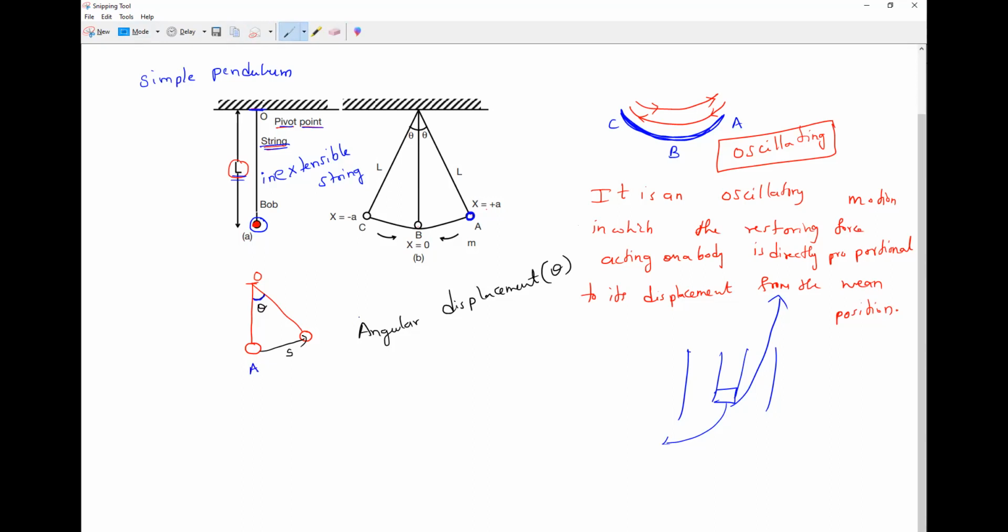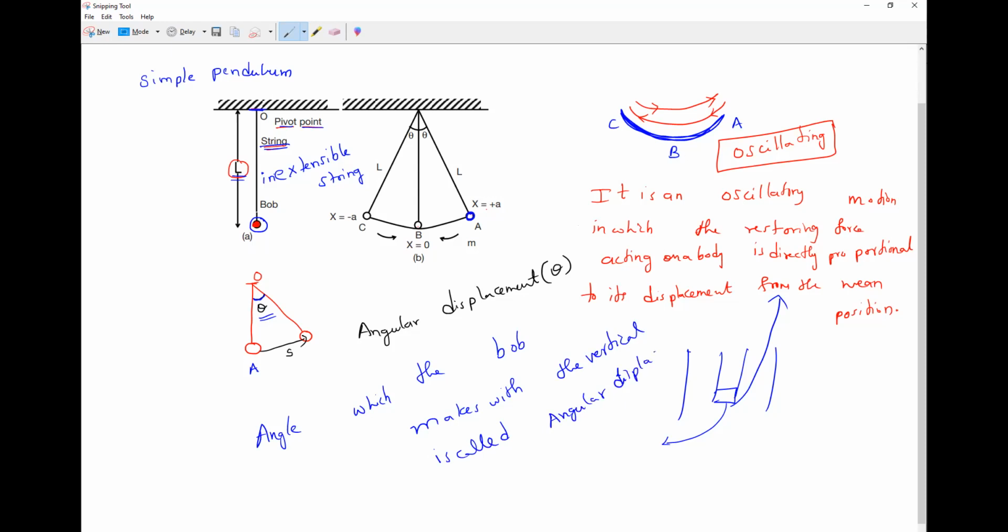Angular displacement. Okay? So write it. Angular displacement: the angle which the bob makes with the vertical is called angular displacement.